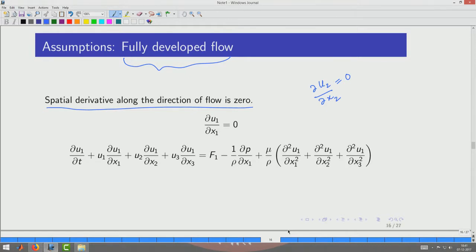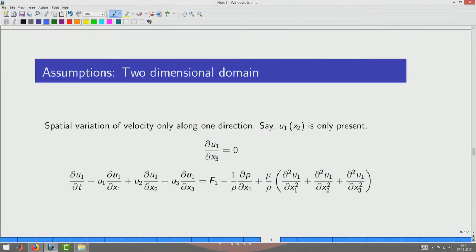So, this actually means that you can make this particular simplification, which means that you can see that it is actually helping us in reducing this term and also this term. So, you can see that a flow being fully developed implies that there are two terms from the Navier-Stokes equation that could be dropped off. Okay. And we go further and see how it can be combined along with the other assumptions.